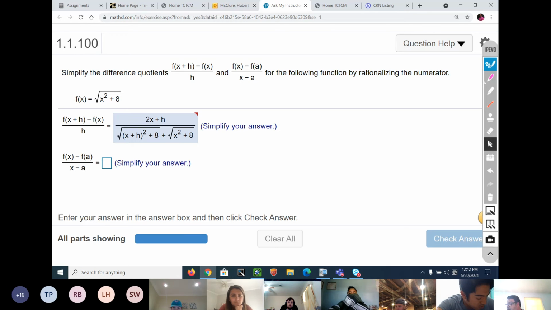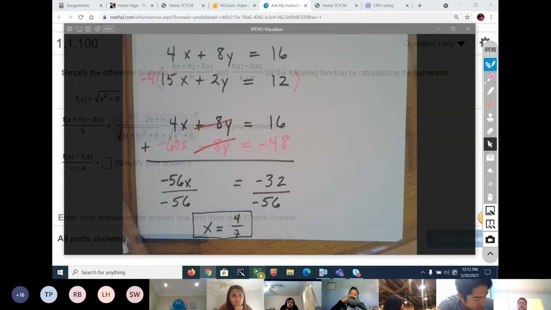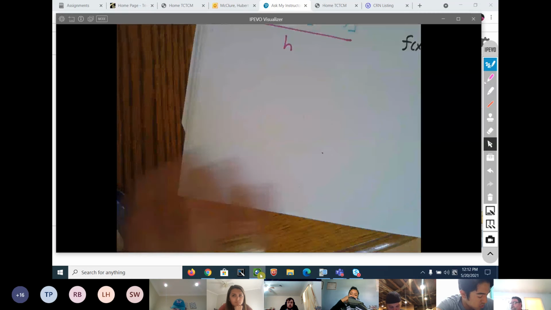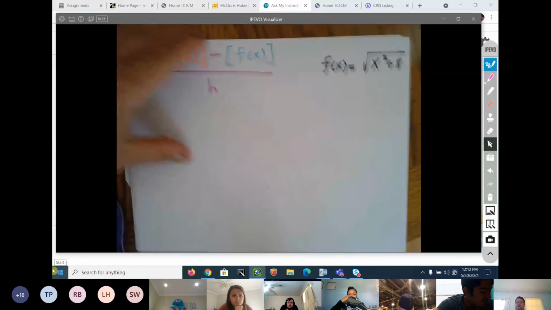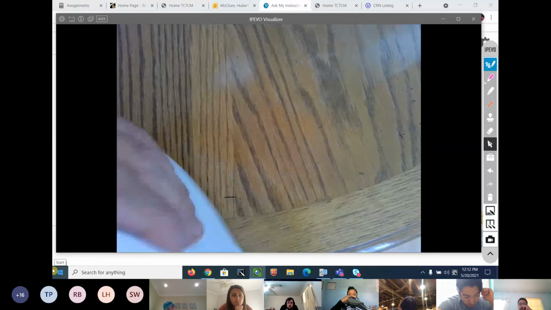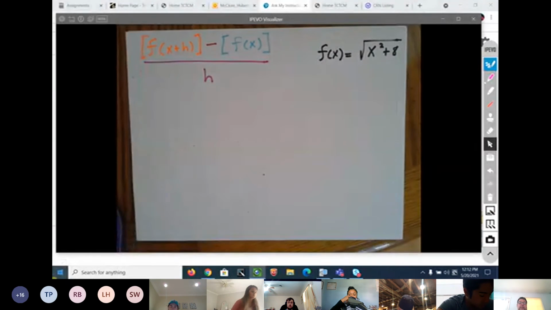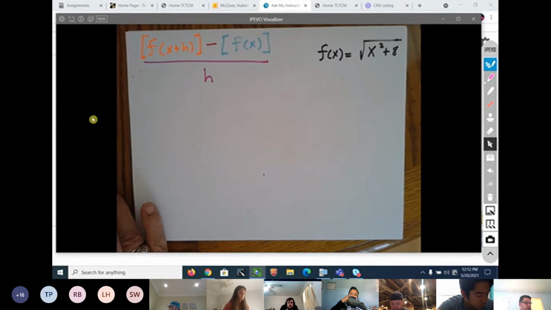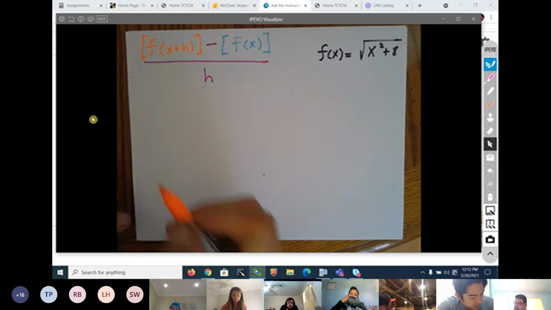f of x is equal to the square root of x squared plus 8. So here is my whiteboard. And I'm going to rewrite mine with orange marker with a big set of parentheses.